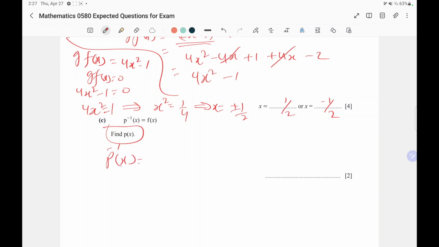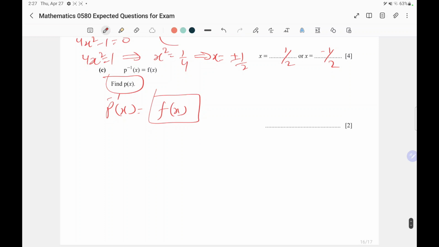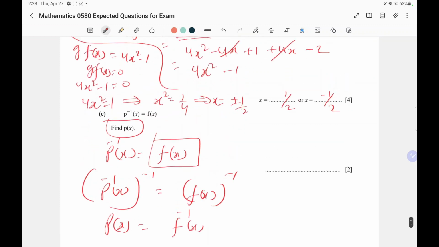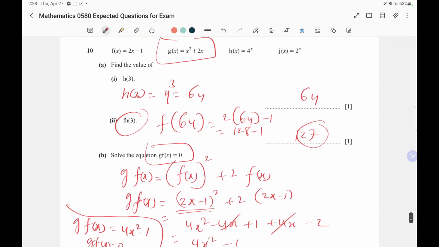If I take the inverse again on both sides, p inverse x inverse and f of x inverse, here you will get p(x), and here you will get f inverse x. Indirectly we need to find f inverse x.